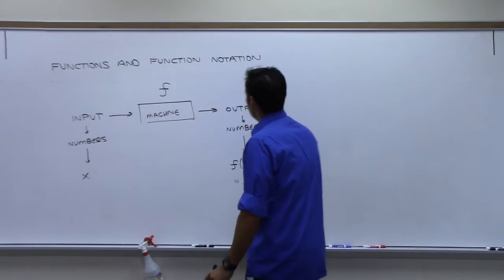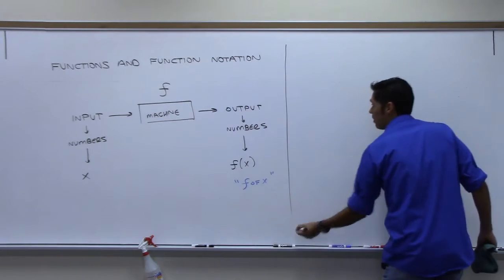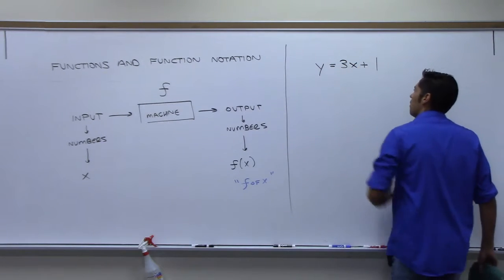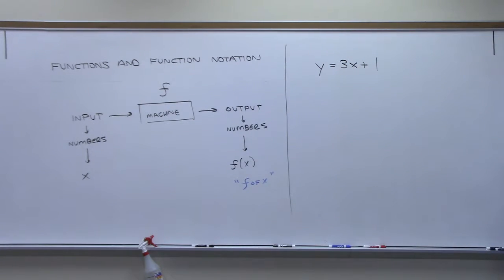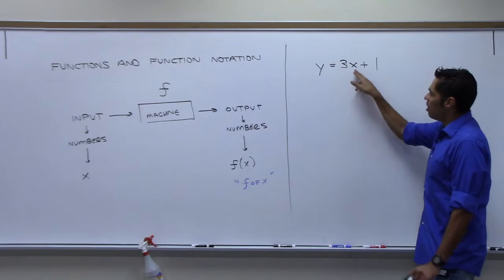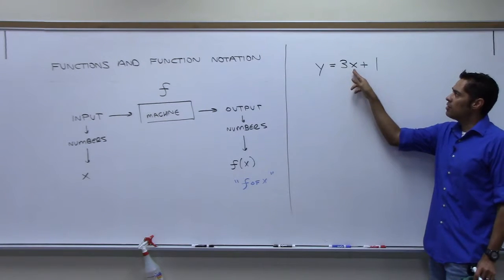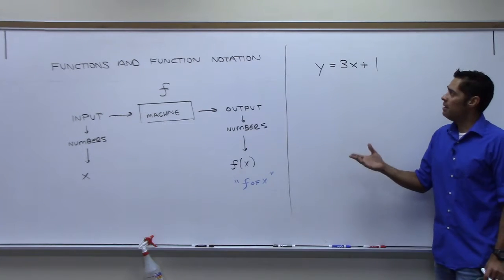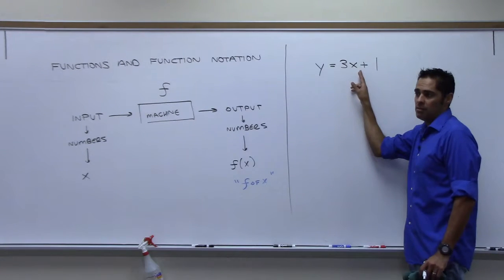I'll start with an example that we've all seen, y equals 3x plus 1. This is a linear equation with two variables in it, and we already know that that's a line, y equals mx plus b. If I start changing the values of x, it's going to force the y value to change, so you could say that y depends on x.